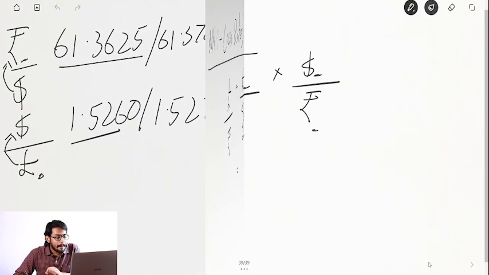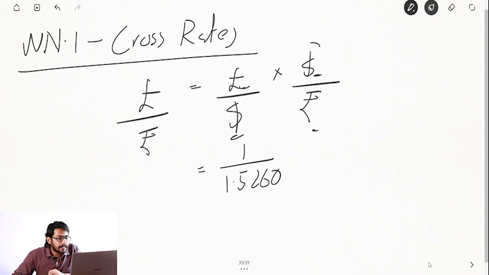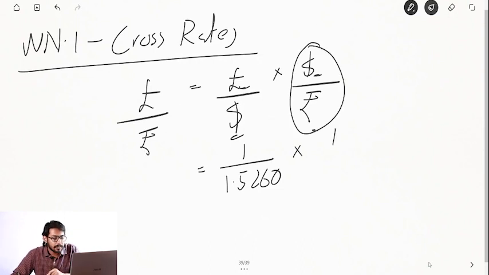Now let us come to pound by dollar. Over there what is given is dollar by pound, so you have to take it in reverse: 1 by 1.5260. Over here we need dollar by rupee. What is given is rupee by dollar. That also to be taken in reverse: 1 by 61.3625.